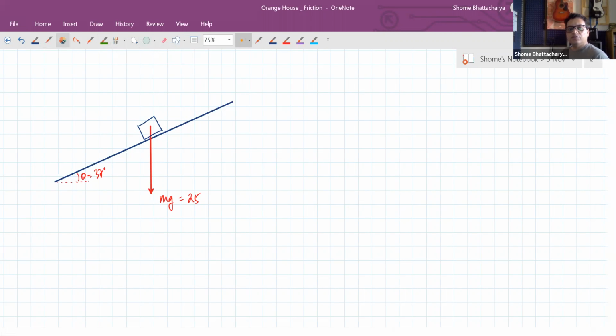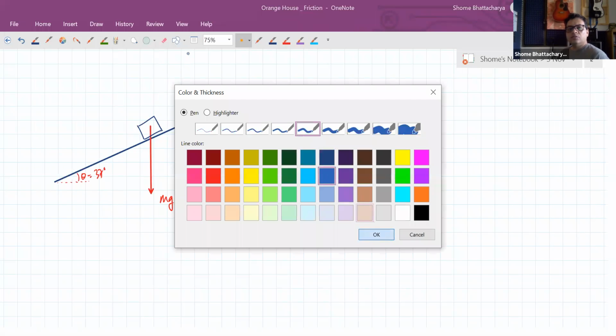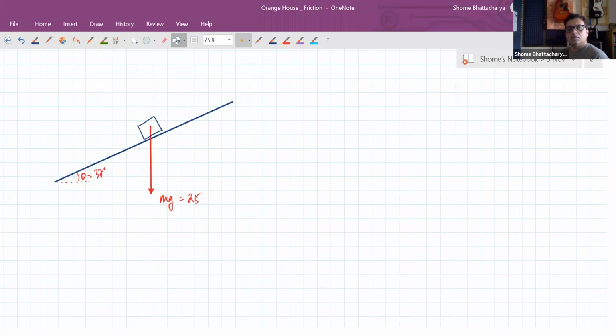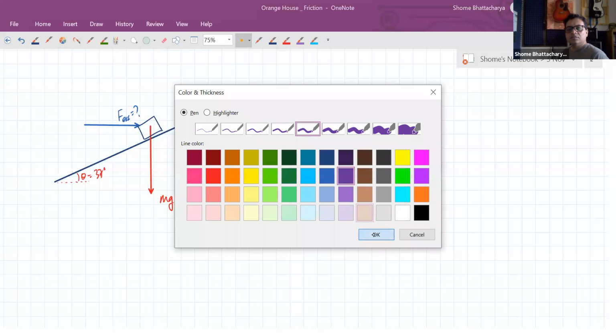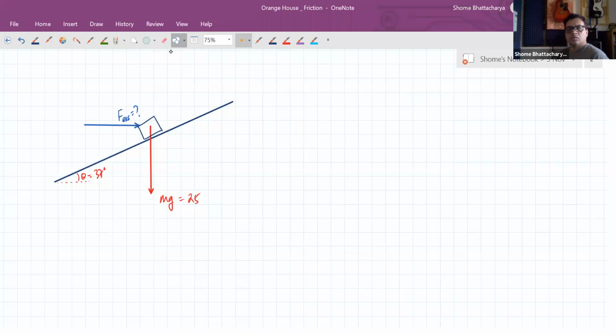Then we are applying some kind of horizontal external force that is acting, let's say, like this, which we have to of course find out. And then there is the normal reaction acting like this.